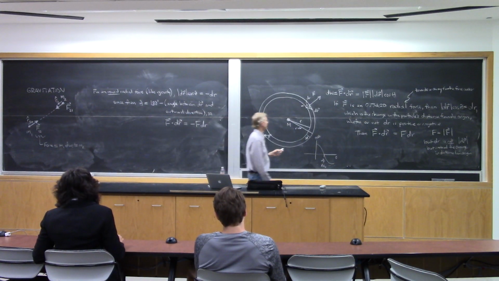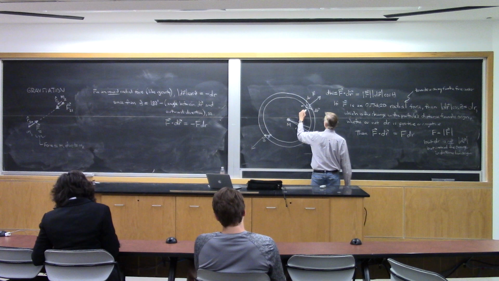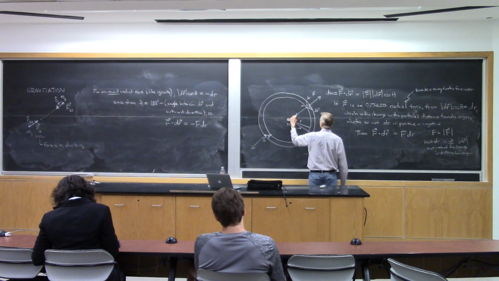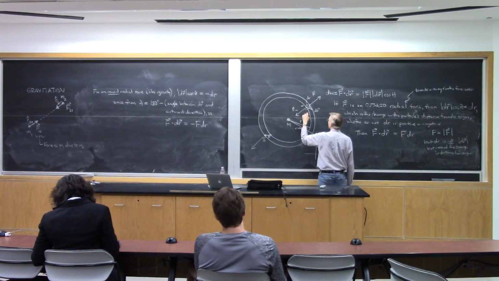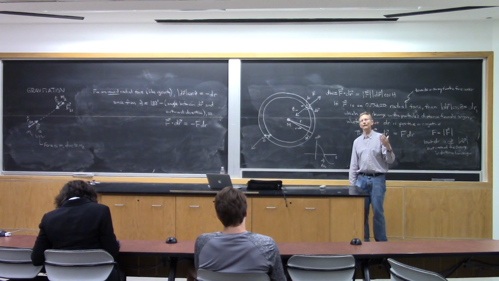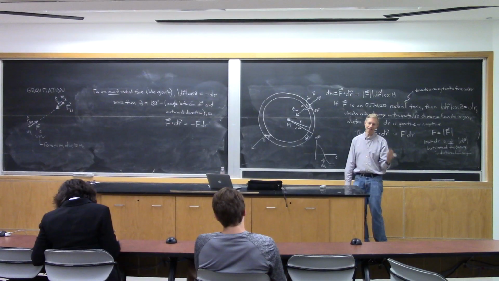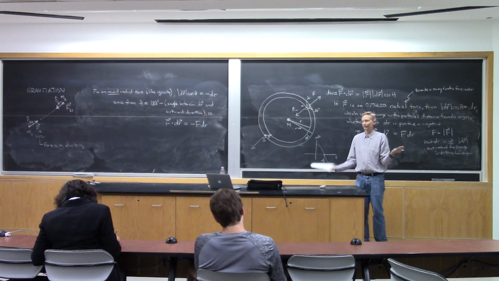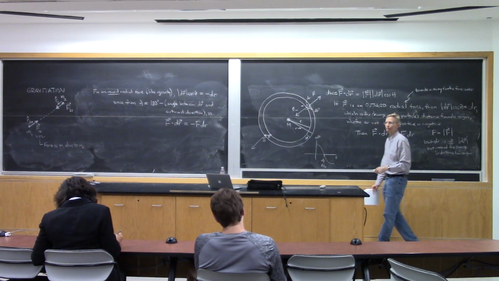In other words, if I now say there's an inwards force, then that would be the new angle, which would be 180 degrees minus the old angle, but the cosine of 180 minus theta is minus the cosine of theta. So this is coming from that idea.